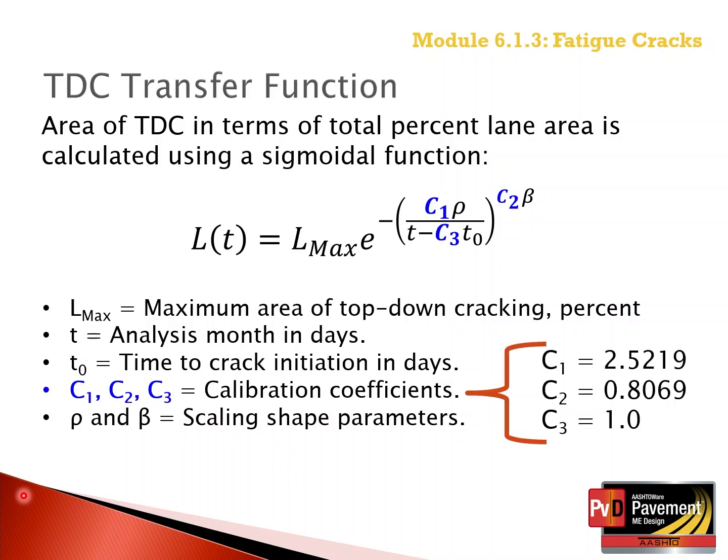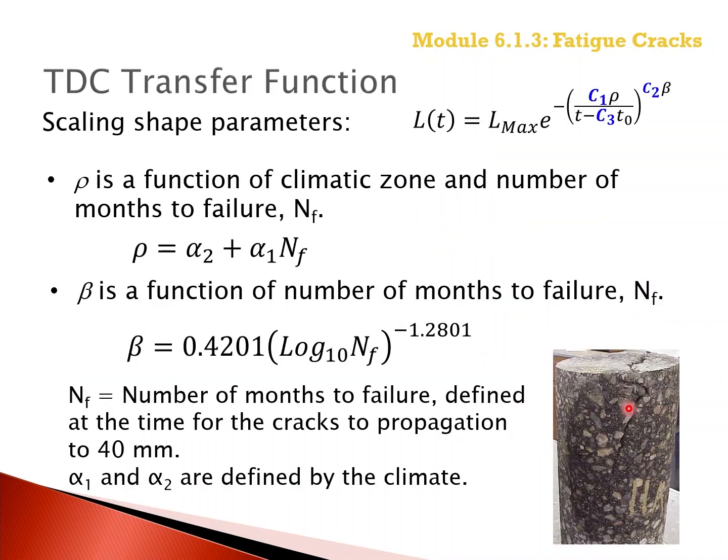The rho variable or constant is a function of climate. The C1, C2, and C3 calibration coefficients are also defined on this slide and derived from the global calibration process.